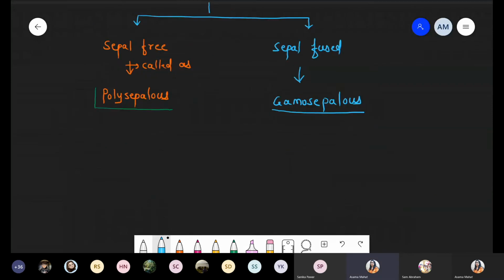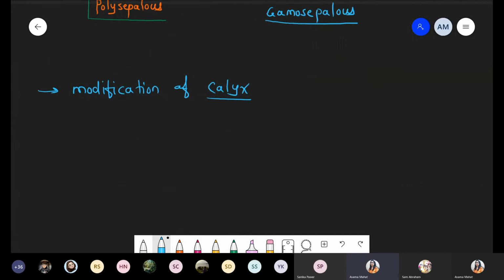Next point, modification of calyx. 3 modification हैं, बस हम एक ले रहे हैं because your part is reduced, but I don't know कि ये modification delete किया है कि नहीं किया है because it is not mentioned clearly.